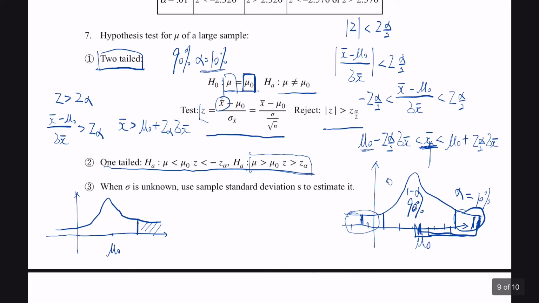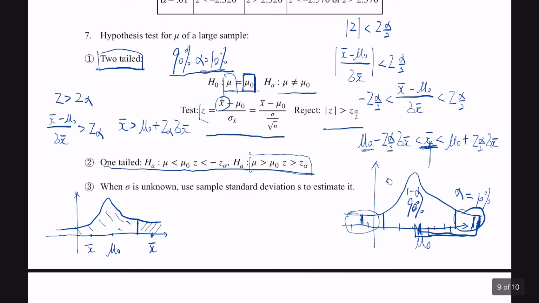X, the sample mean, lies in here, we reject. However, if the sample mean lies within this range, within here, we won't reject. So back to the alpha, if we do a one-tail test, we will employ the same alpha, the same confidence level.